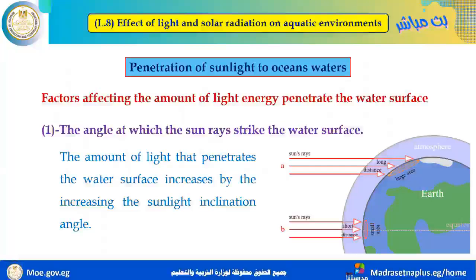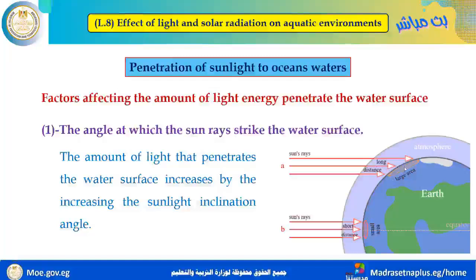Okay, but if we go to the sun rays at the area A, it is inclined with a small angle. So it is distributed over a large area, and that makes the sun rays not concentrated, and its intensity is less than the perpendicular one.